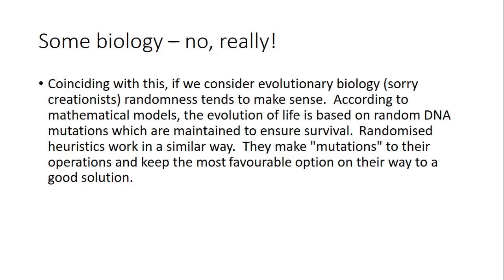If you're interested, have a look at research on Charles Darwin and the Galapagos Islands and the tortoises. I think it was tortoises or turtles. Tortoises on the islands: one island where the food was on the ground versus another island where the food wasn't on the ground. The tortoises had different shells.